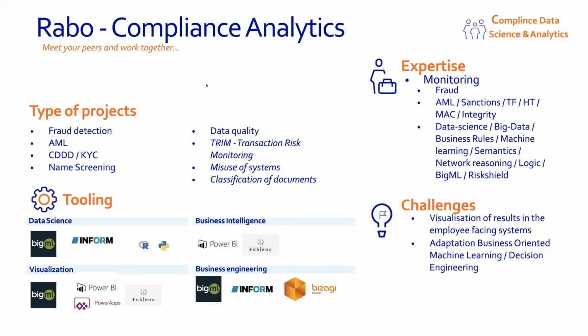At Rabobank, I'm residing in the compliance area, where we use a limited set of tooling for the kinds of projects we do in our compliance and fraud area. So fraud detection, we do anti-money laundering, we do CDD, KYC, we do some name screening, we do data quality checks, etc. What we use for that is a load of tooling, but mainly the main things we use are Inform Risk Shield and BigML.